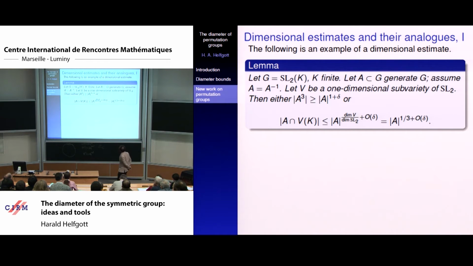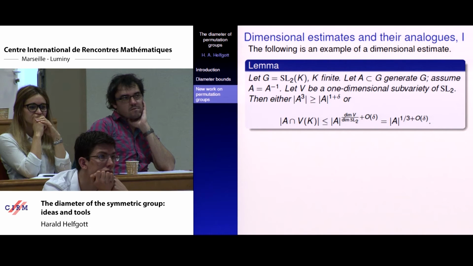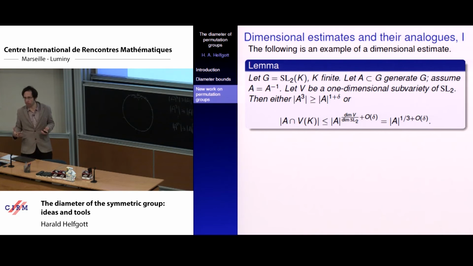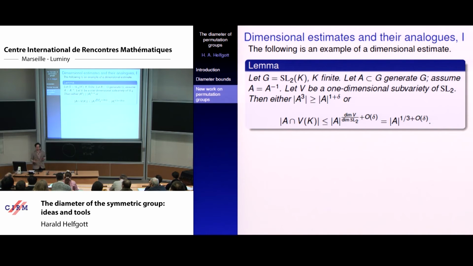Very well. So I talked about dimensional estimates, so let me show you what they actually are before I try to do anything that looks like a generalization. So I said that in SLN, in SL2, what you have is that if A barely grows, then the intersection of A with just about any variety is what you would expect it to be. Well, let me explain what I mean by that.